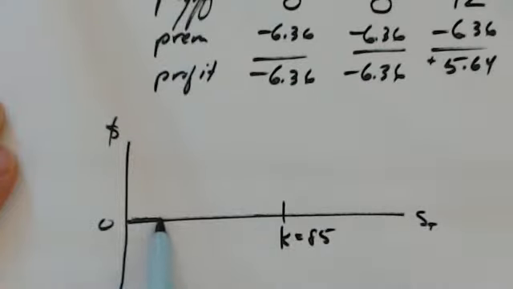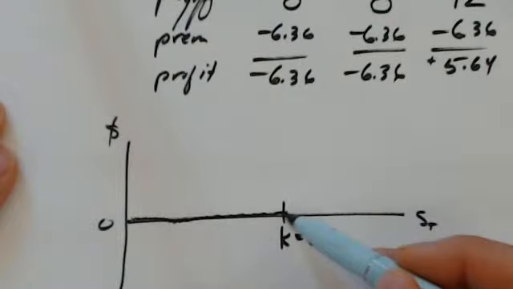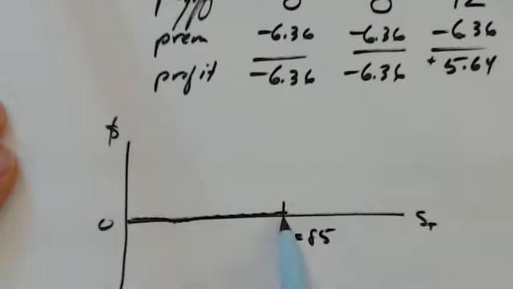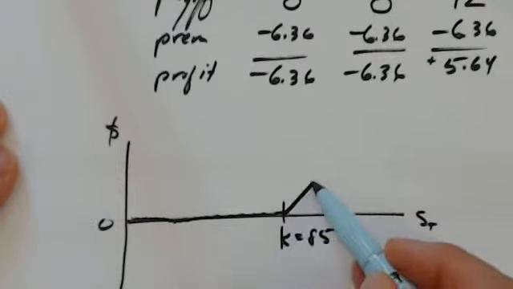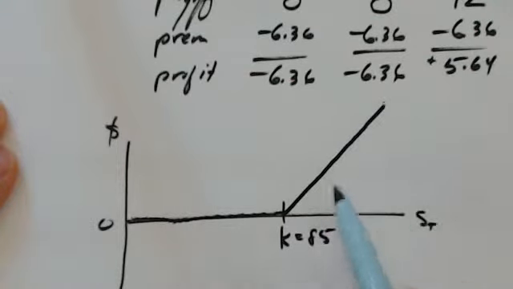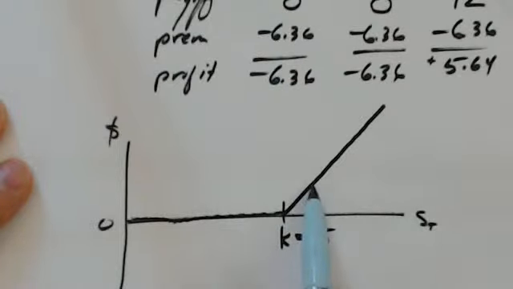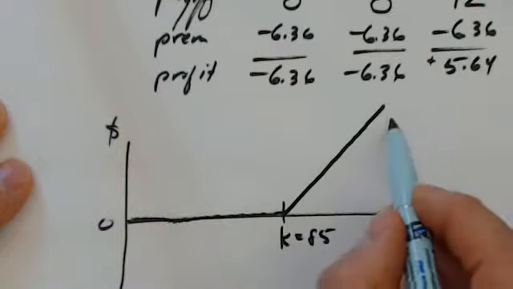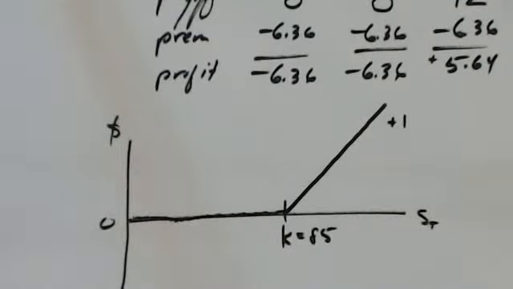As soon as the stock price at expiration gets to 85, the payoff goes up $1 for each $1 the stock goes up. It has a slope of +1, and that's the payoff for the call that's held.